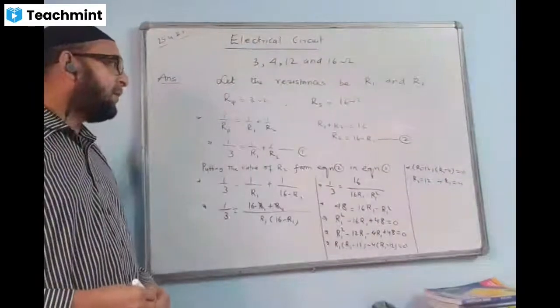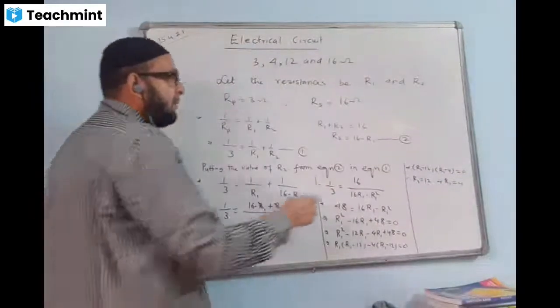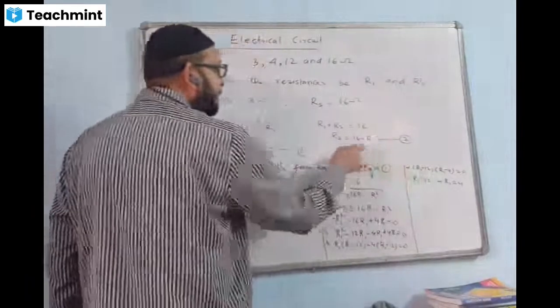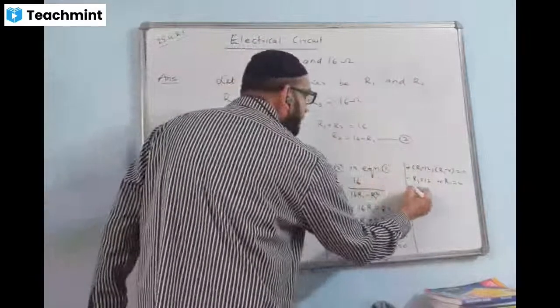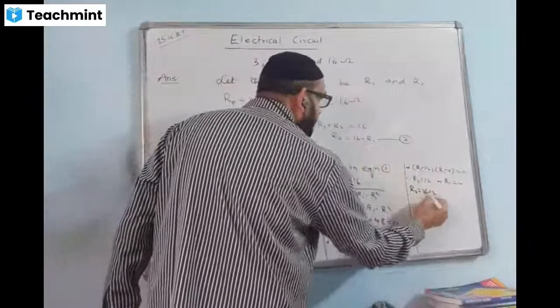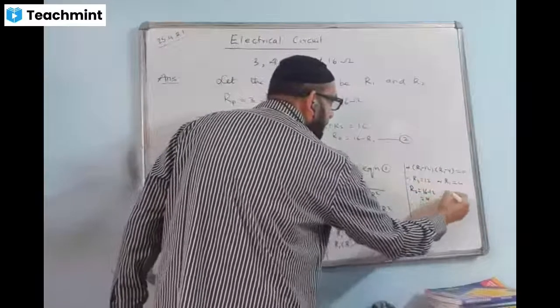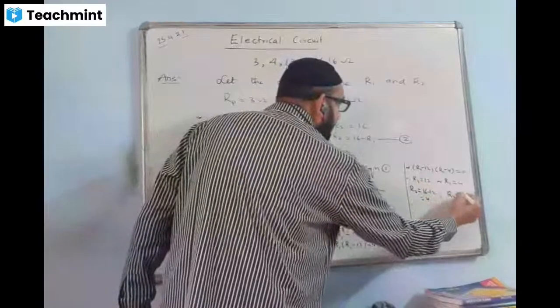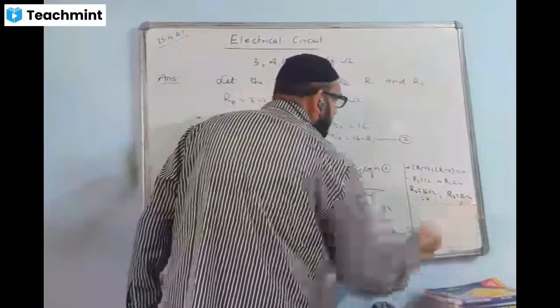Now we'll put the corresponding value of R1 in equation 2 and find the R2 value. When I take 12, R2 is 16 minus 12, which is 4. When I take 4, R2 is 16 minus 4, that means 12.